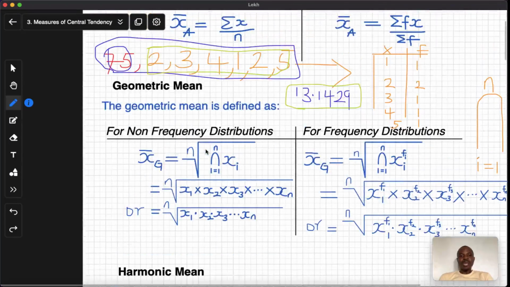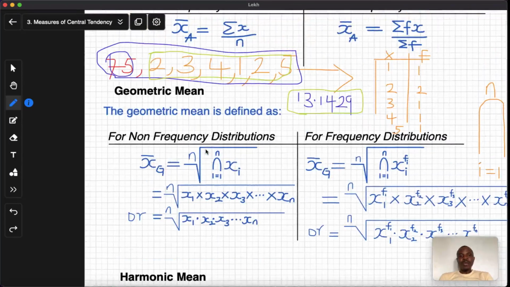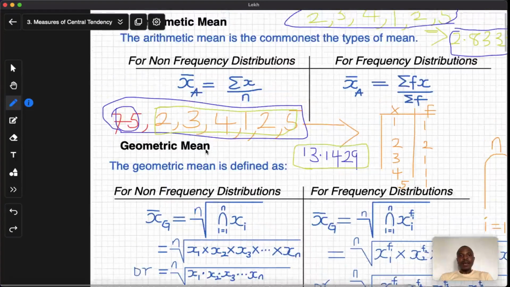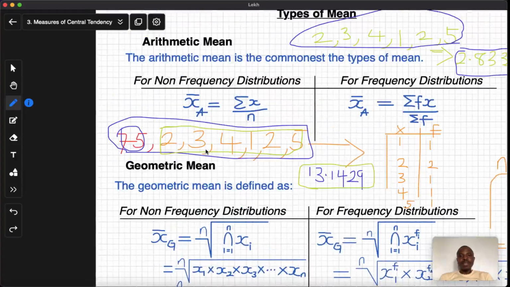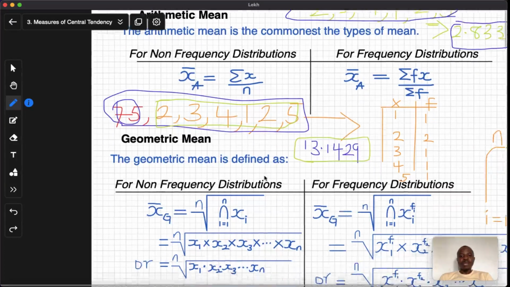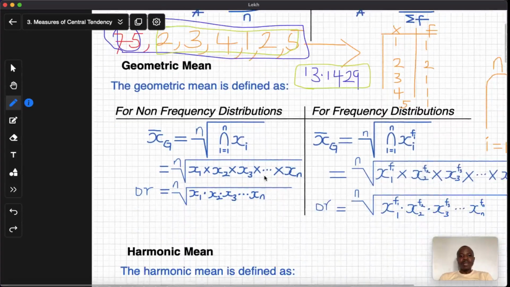So to wrap it up, just one disadvantage of the arithmetic mean is that it is affected by extreme values, or you may talk about outliers. All right.